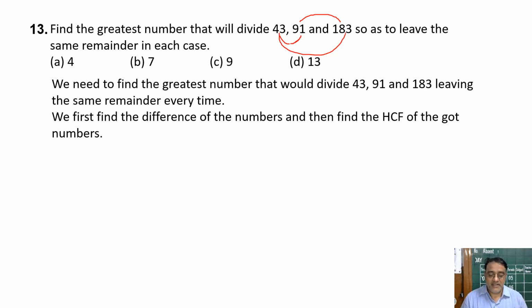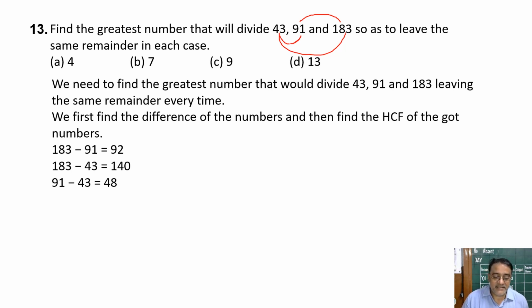So first 183 minus 91, that is equals to 92. Second 183 minus 43, 140, and 91 minus 43, 48. So now we are going to find the factors of this. 92 हम लोग लिख सकते हैं 23 into 4.